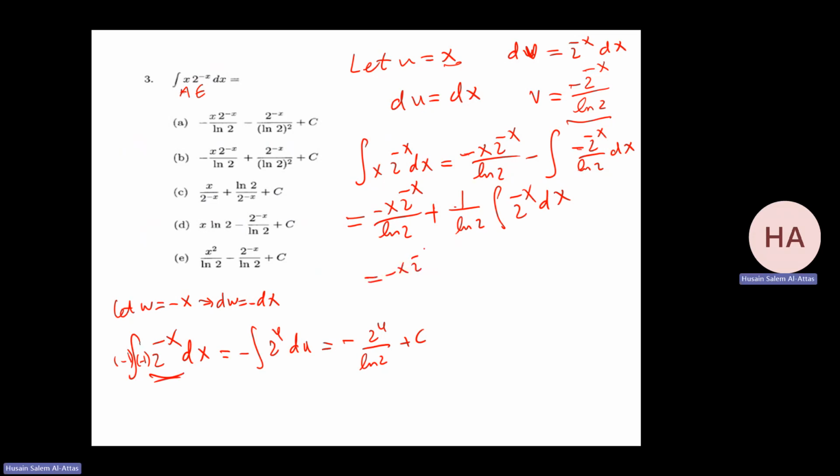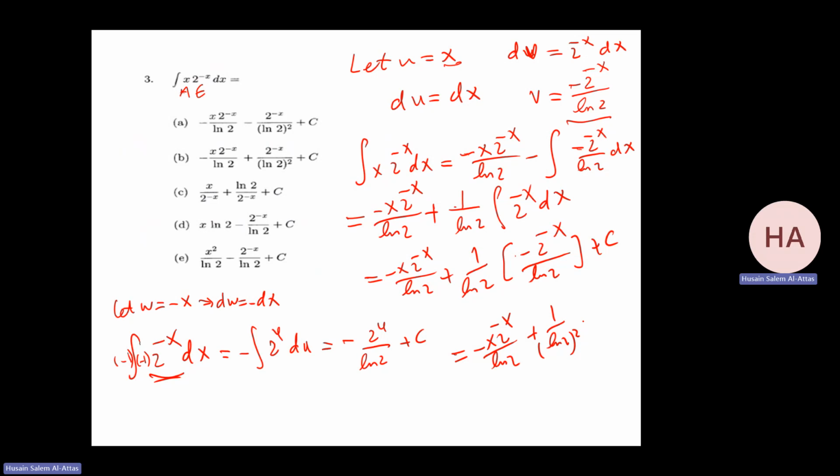That will be minus x times 2 to the power minus x over ln 2, plus 1 over ln 2 times minus 2 to the power minus x over ln 2, plus c. So I have minus x 2 to the power minus x over ln 2, minus, not plus, 1 over ln 2 squared times 2 to the power minus x, plus c, which is this one.